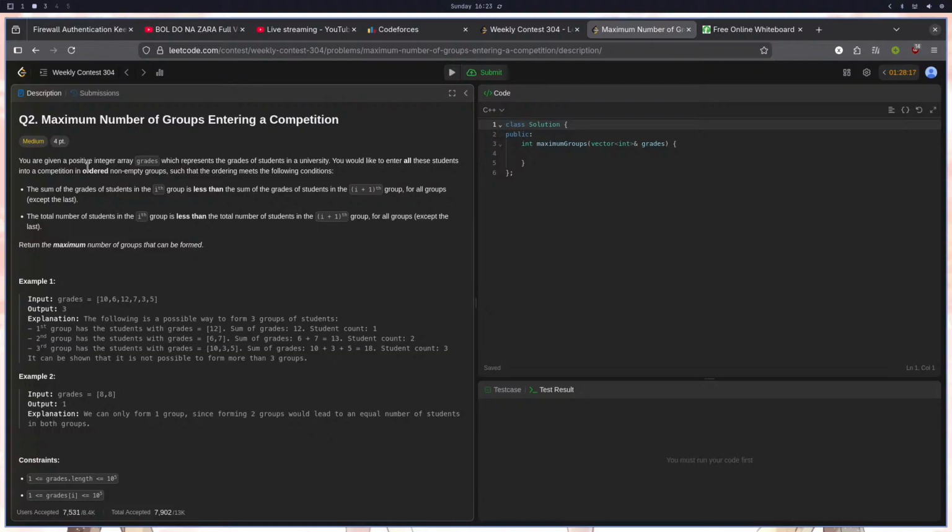The total number of students in the ith group is less than the total number of students in the i+1 group for all groups except the last. Return the maximum number of groups that can be formed.